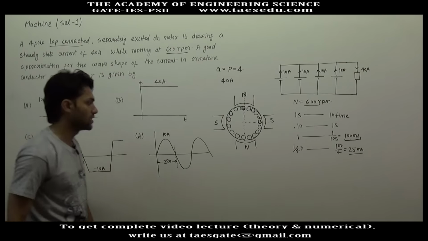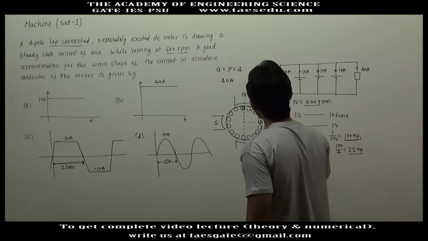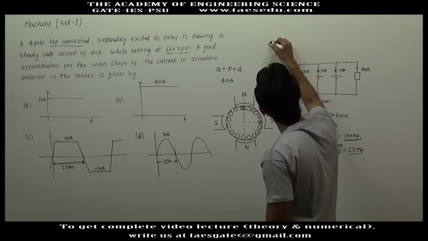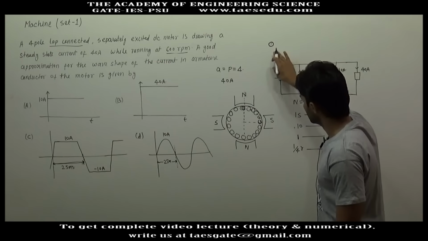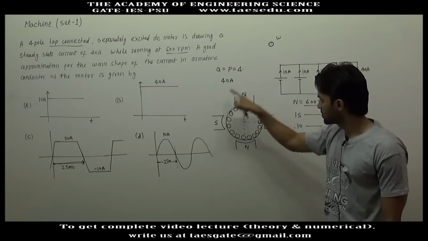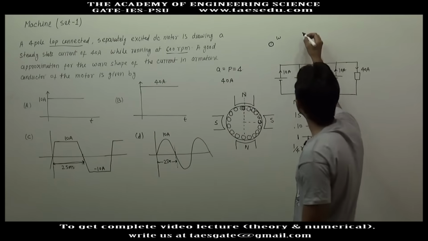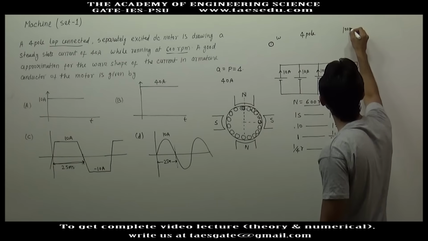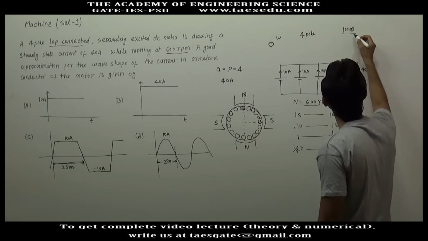Or we can also say that there are 4 poles and at any time each conductor will be in the influence of one out of these 4 poles. There are 4 poles and it takes 100 millisecond in one complete rotation.